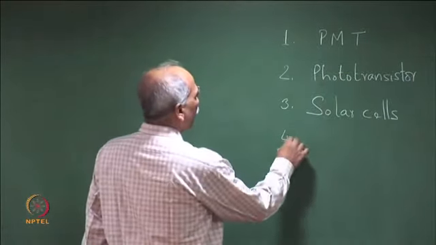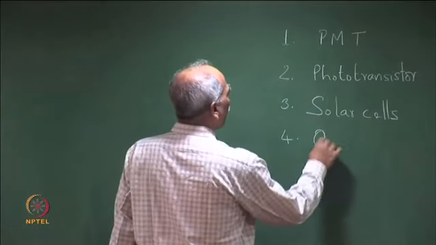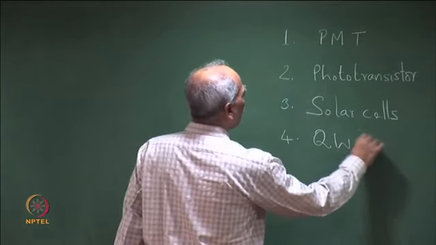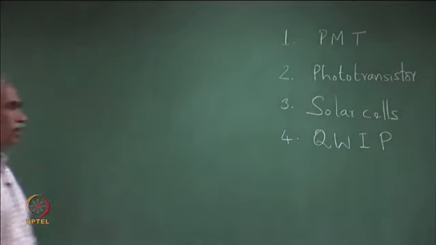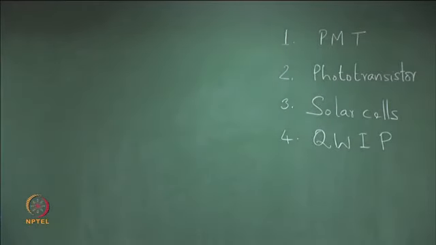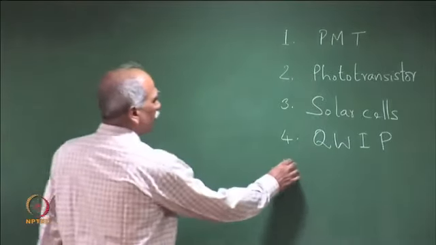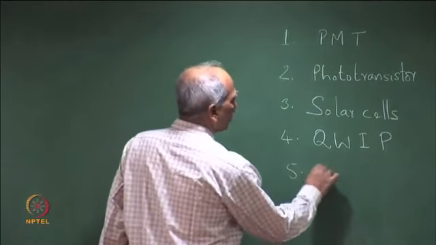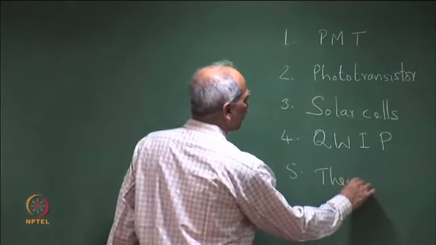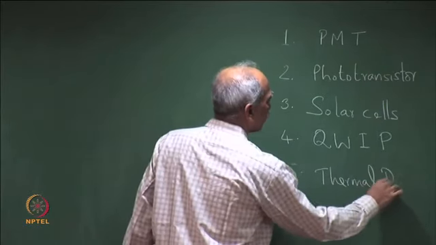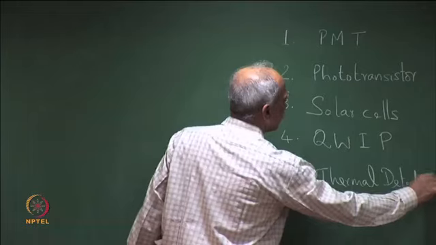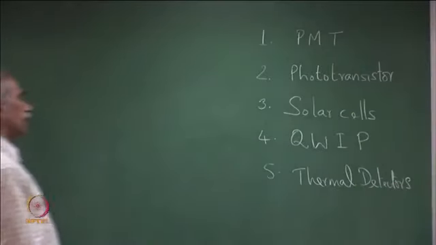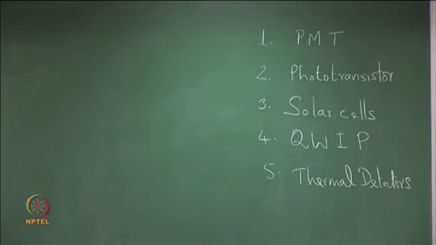Then we will briefly touch upon quantum well infrared photodetectors, QWIP, and if time permits we will also discuss a little bit about thermal detectors. These are basically a class of detectors, thermal detectors.